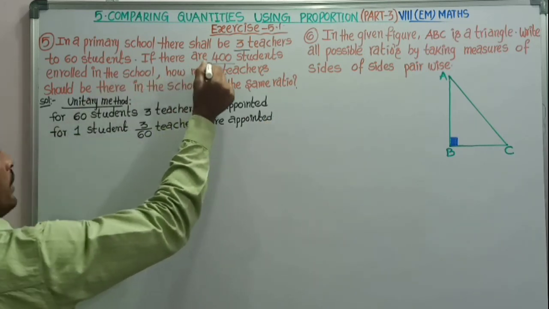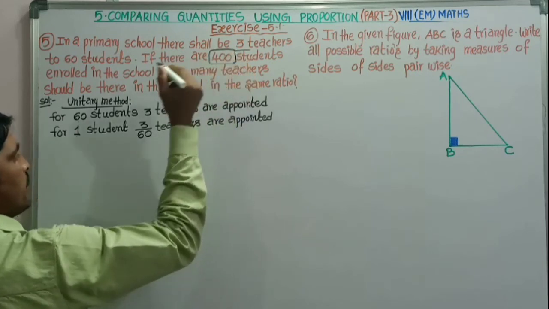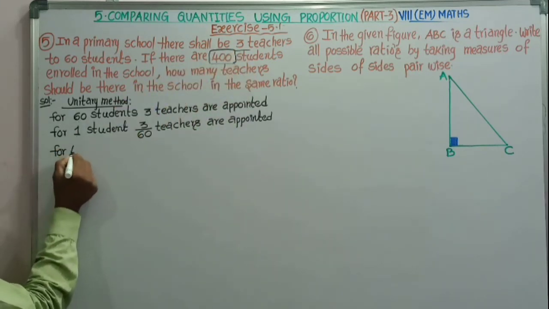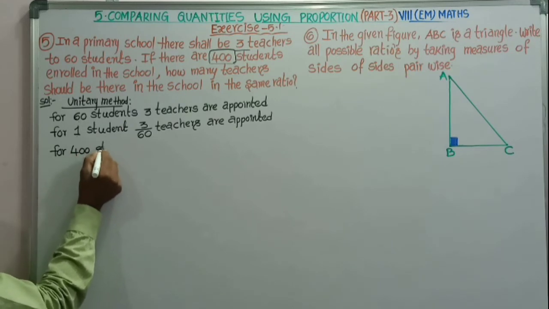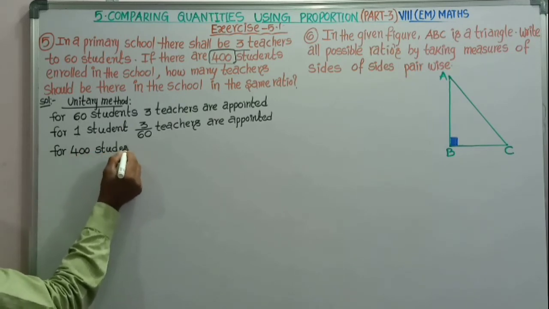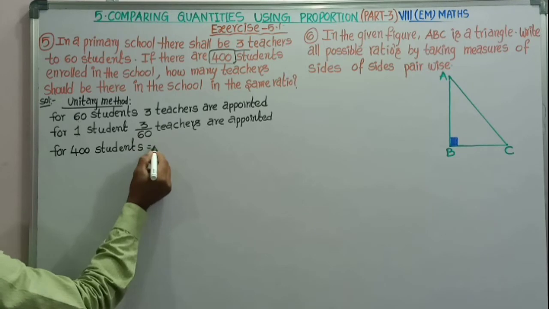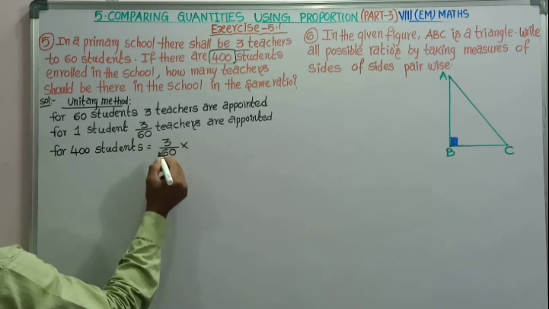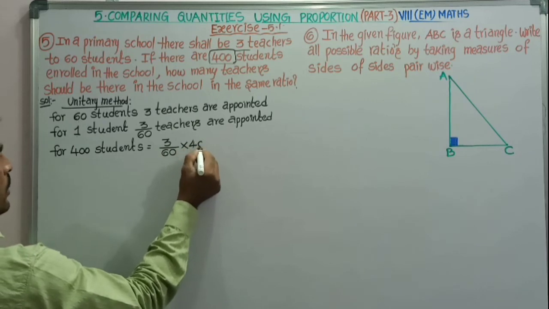But we have to find the number of teachers appointed for 400 students in the same ratio. That is, for 400 students, the number of teachers appointed is 3 by 60 into 400.